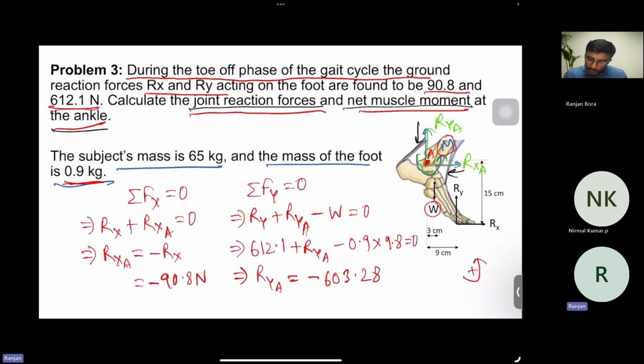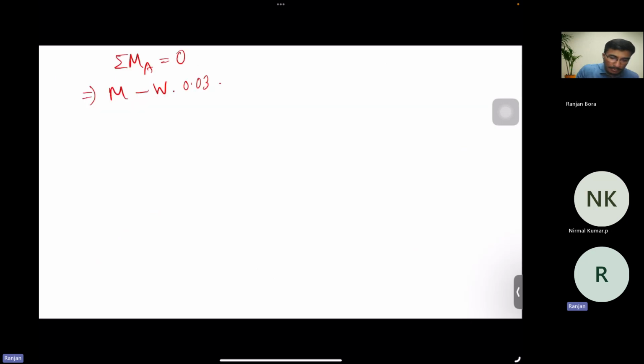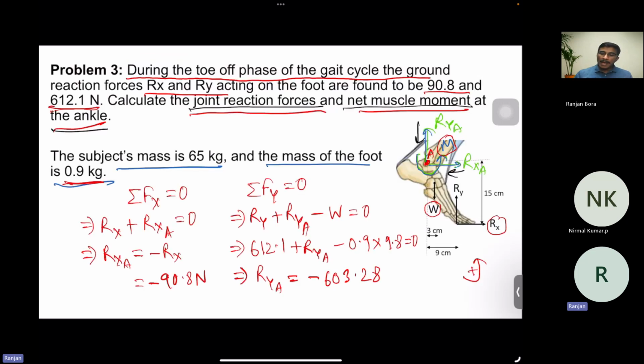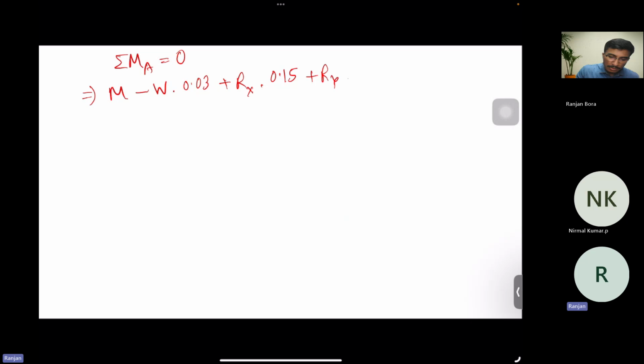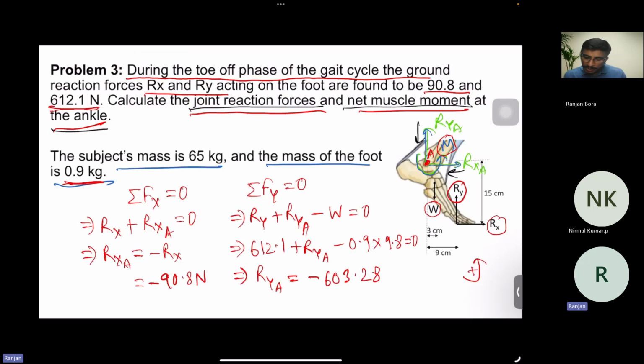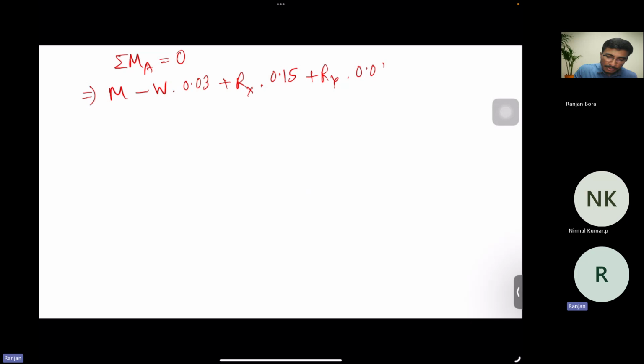One moment will be because of Rx, in the counterclockwise direction, so it will be positive, plus Rx dot 0.15. And Ry also produces a moment in the counterclockwise direction, so it is again positive, plus Ry dot this distance, given as 9 centimeters, 0.09, equal to 0.